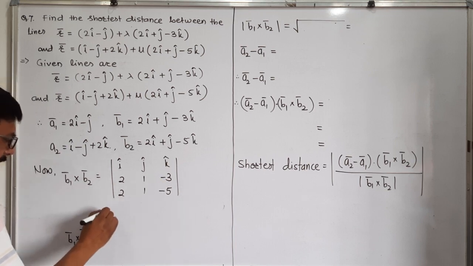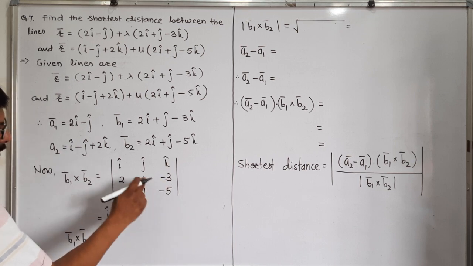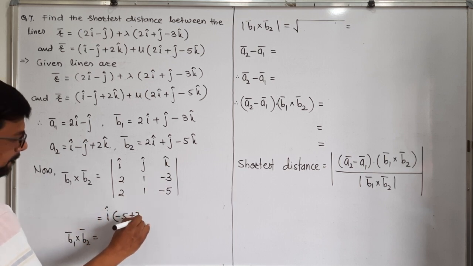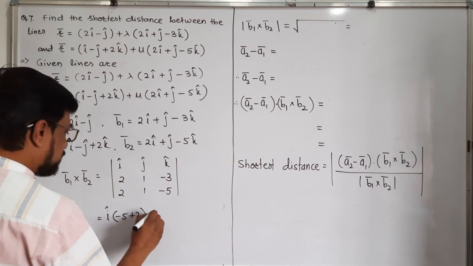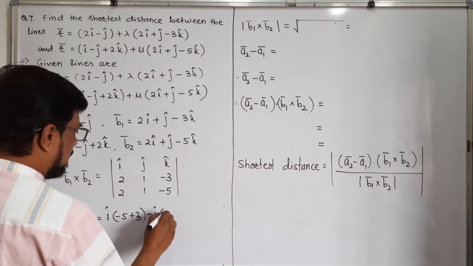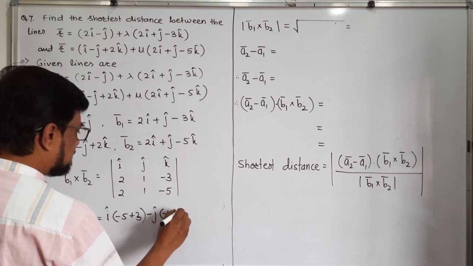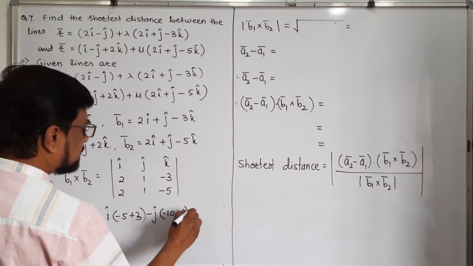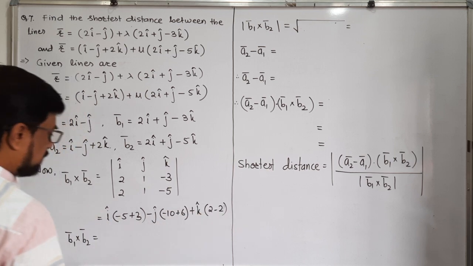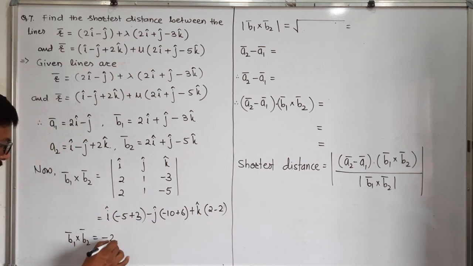Now it is i cap into bracket minus 5 plus 3, minus j cap into bracket minus 10 plus 6, and plus k cap into bracket 2 minus 2, which means it is minus 2 i cap plus 4 j cap.